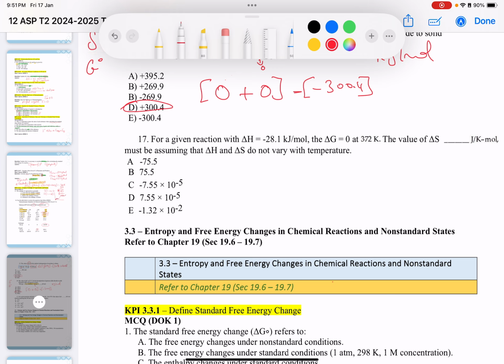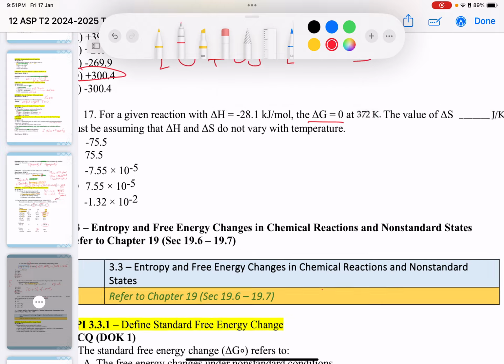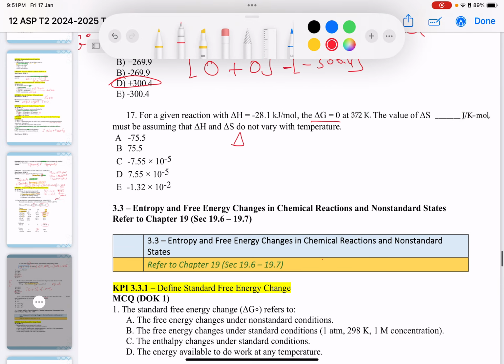For a given reaction with delta H minus 28 and delta G is 0 at 372 Kelvin, what is the value of delta S? Okay, so let's apply the formula.